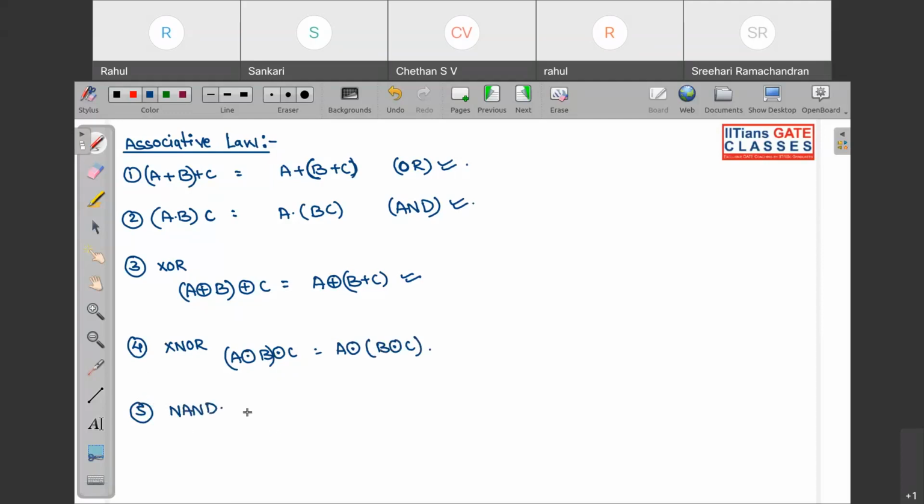okay, look very carefully. Is this equal to, is this equal?